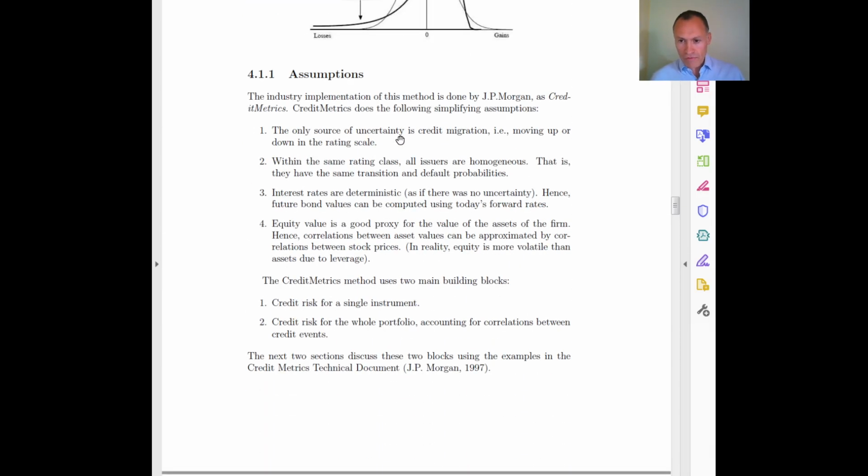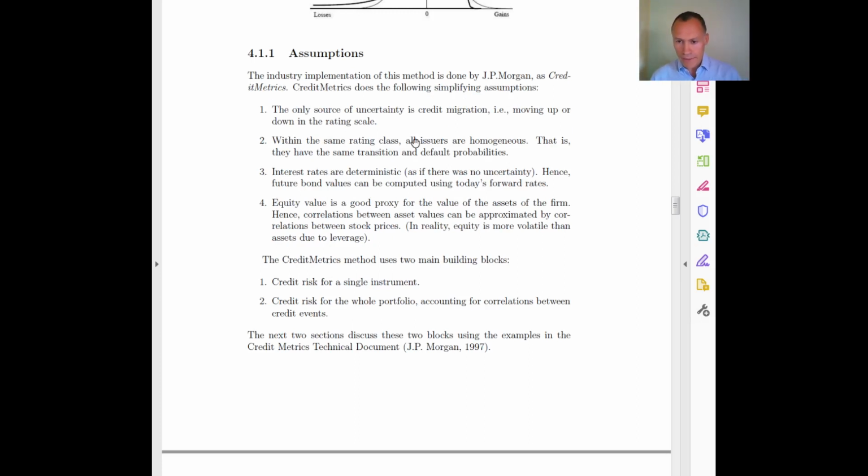All right, the assumptions of the model are as follows. The only source of uncertainty is credit migration. So we're going to get a ratings matrix, and firms are going to migrate over that transition matrix. Given the rating class, all firms are the same. So if a firm has a single A rating, then it's the same as another firm with the same single A rating.